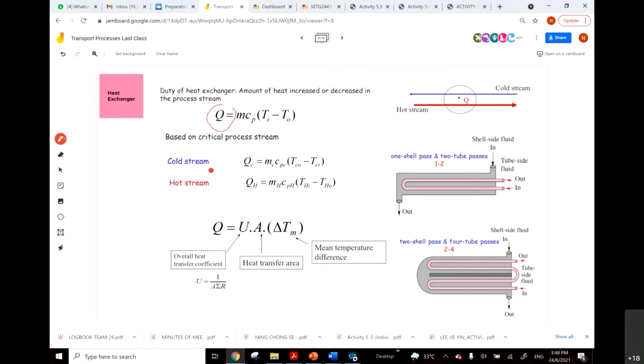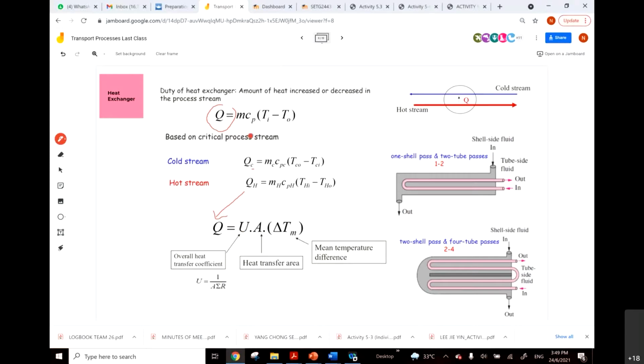For the cold stream, that means you have subscript C: mC, CpC, TC out minus TC in. For the hot stream, then mH, CpH, TH in minus TH out. Because you can assume that there is no heat loss, QC is equal to QH, and you can also make it equal to Q, which is calculated using the overall coefficient.